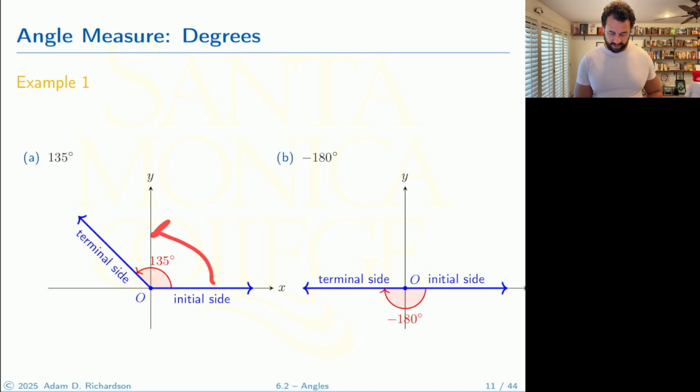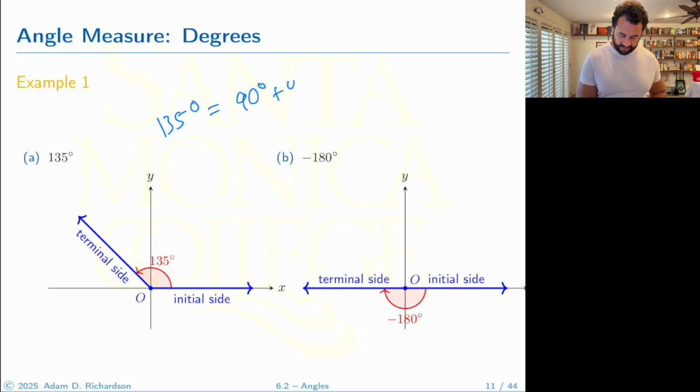So this angle right here is 90. Now, 135 is going to be bigger than 90, but less than 180. There's 180. In fact, 135 is equal to 90 degrees plus 45 degrees. So we're going to go a little bit past 90 degrees, and then another 45 degrees, and that'll be 135 degrees. So that's where that angle lies right there.